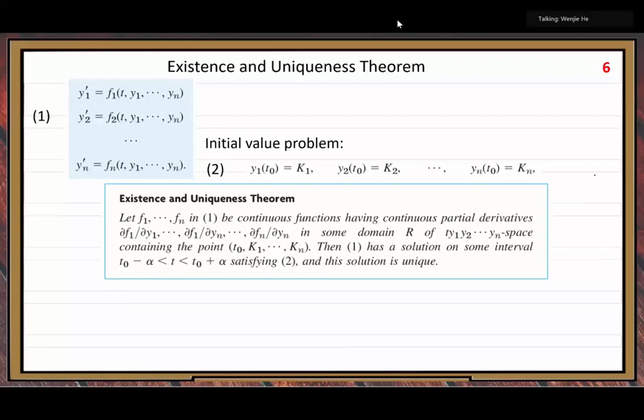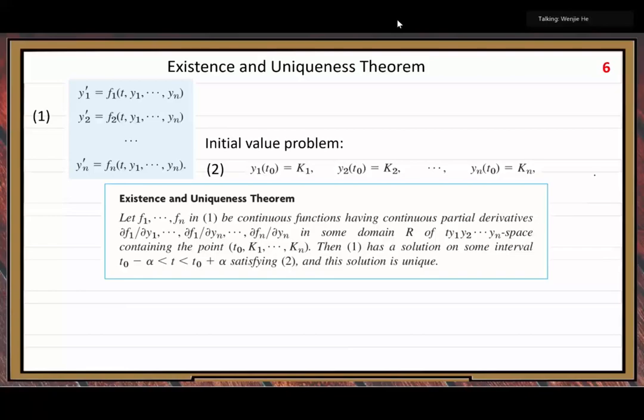But here we do not say these little f functions are linear functions. When you read the statements, you should be very careful. Here we do not say linear functions. That means this theorem is powerful. Why so powerful? Even for non-linear f functions, it's still correct.